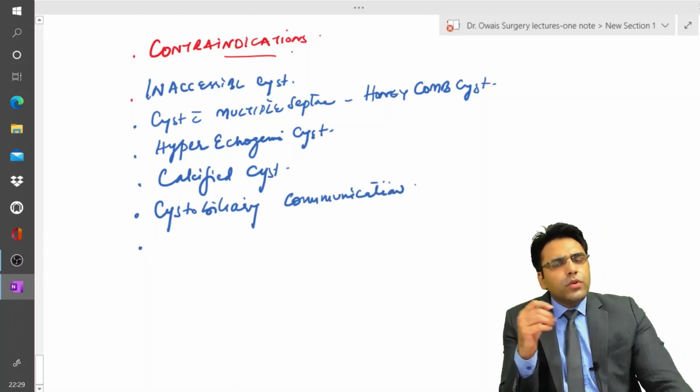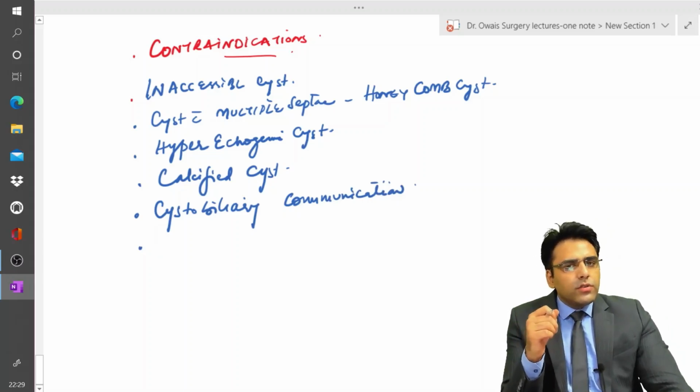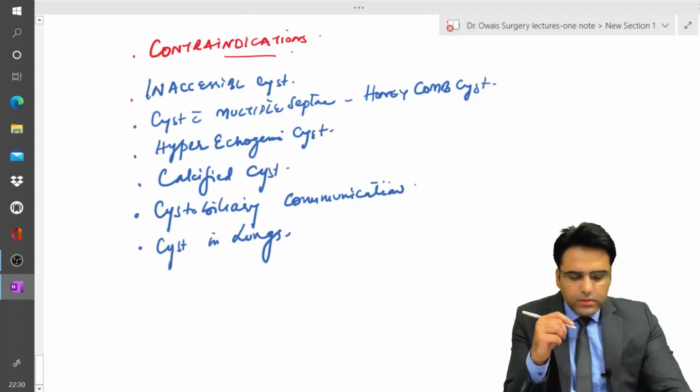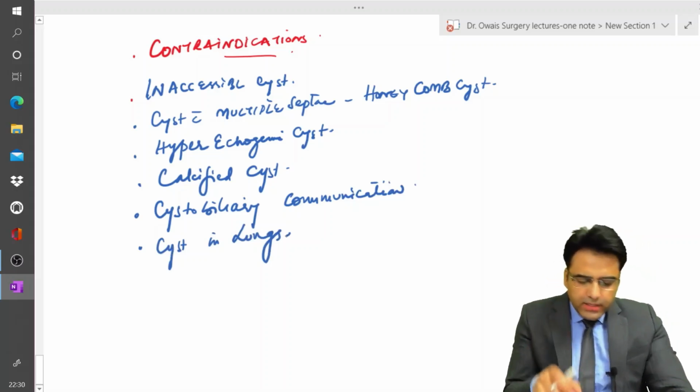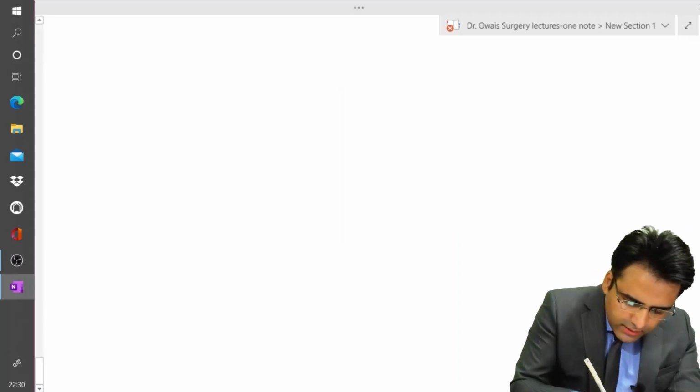Clear? Now there is one more contraindication. If there is a cyst involving the lung, then also PAIR is contraindicated.